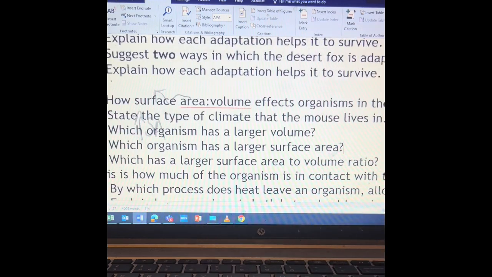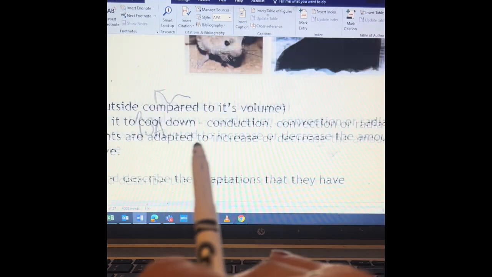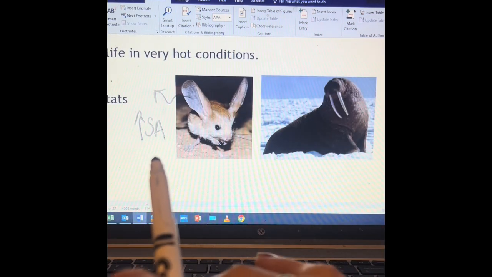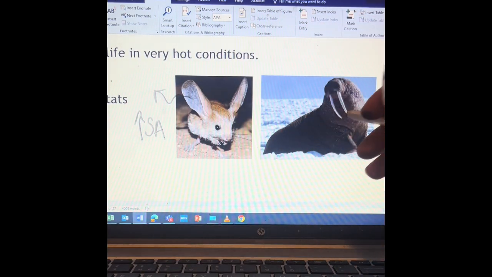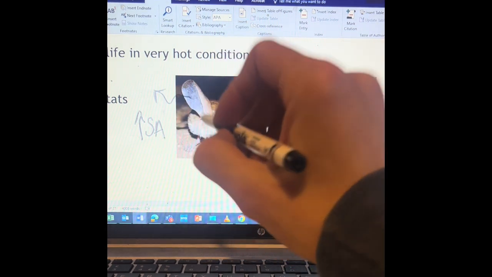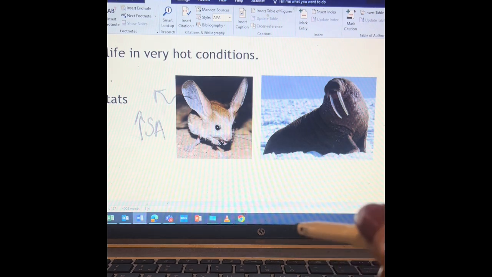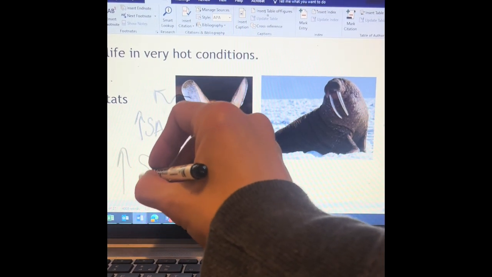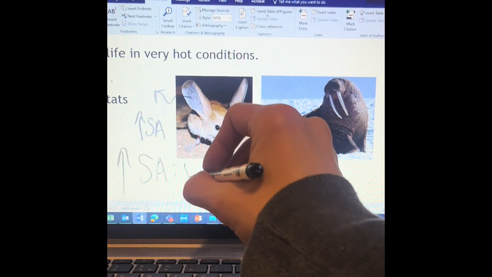But when we are talking individually about surface area to volume ratio, this guy has a smaller surface area compared to its volume. So there's not much of it in contact with the outside world, given how massive it is. This guy has a really tiny volume, but its surface area is huge. So we say that it's got a really large surface area to volume ratio.